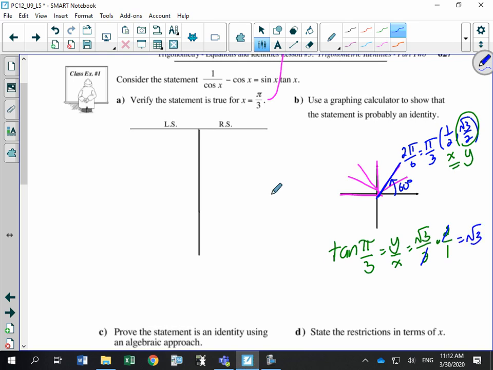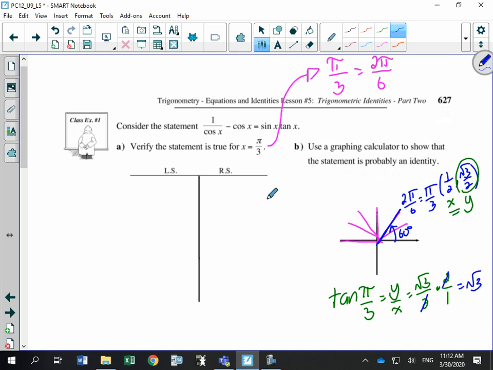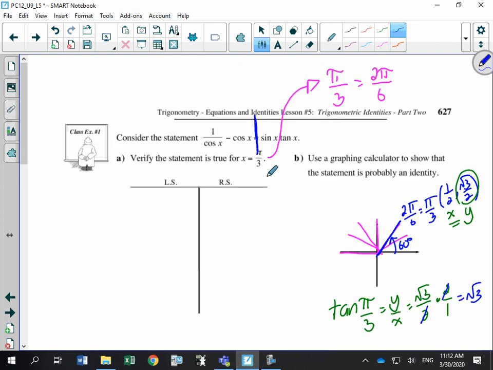Okay, verify. So left-hand side versus right-hand side. Remember, I always do my dividing line. And I'm just going to rewrite my identity. So this would be the left-hand side of my identity, and this would be the right-hand side. So 1 over the cos of x minus the cos of x is my left-hand side. My right-hand side is sine of x times tan of x.